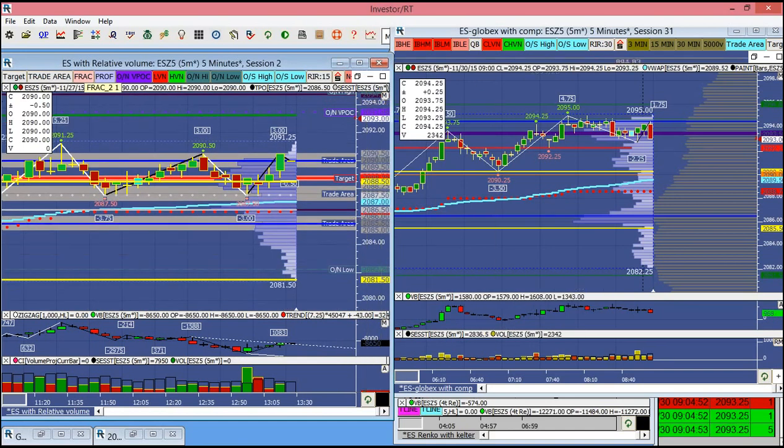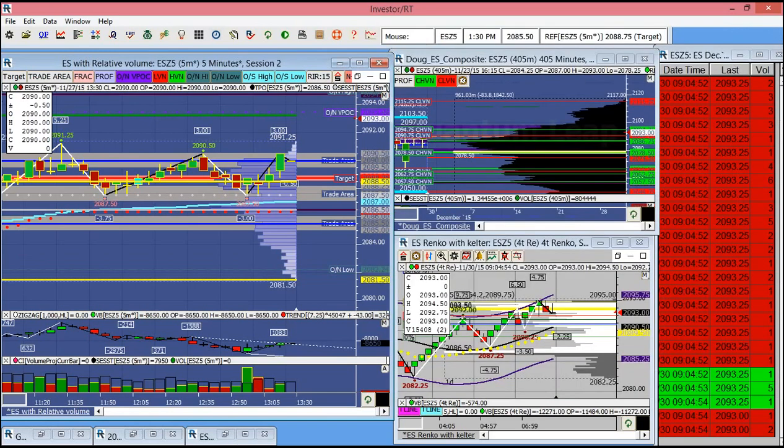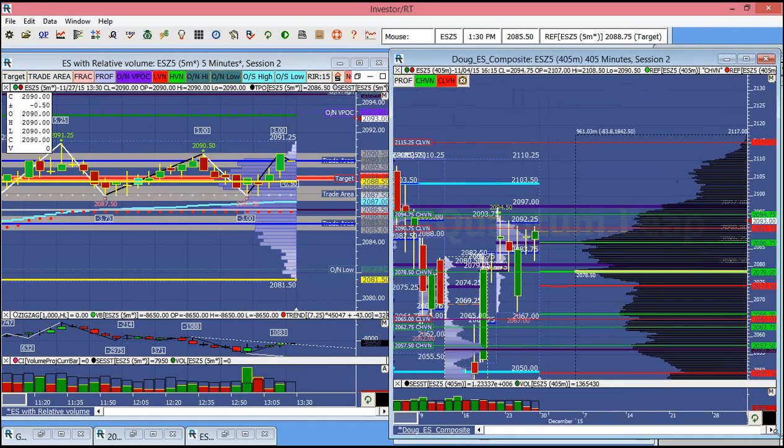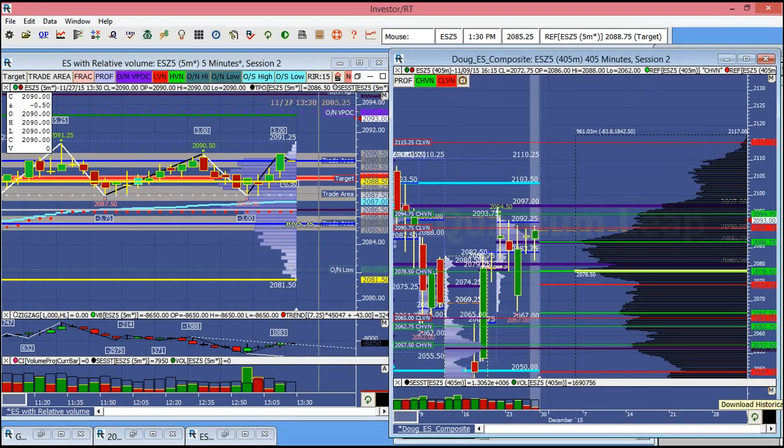And then I don't need this anymore. Bring this out. Below the 85.50, now I'll be watching for a composite VPOC shift if we get back inside and we get down to this 86.75 area.